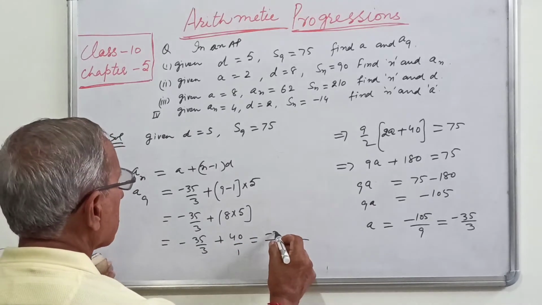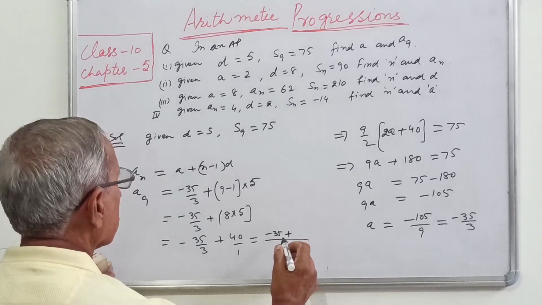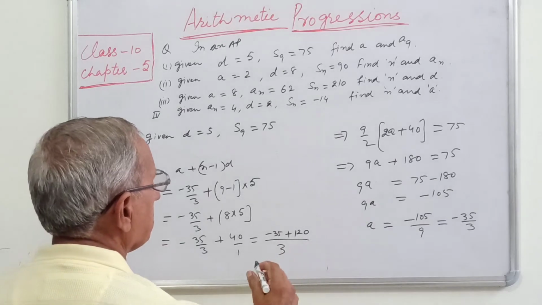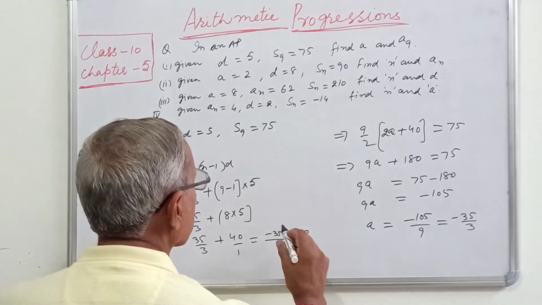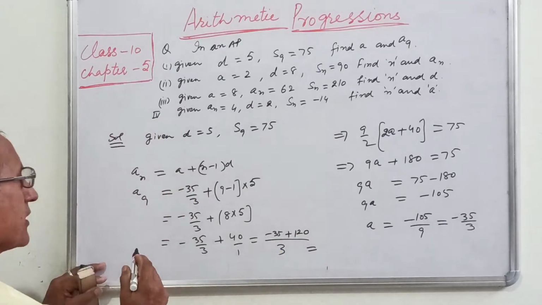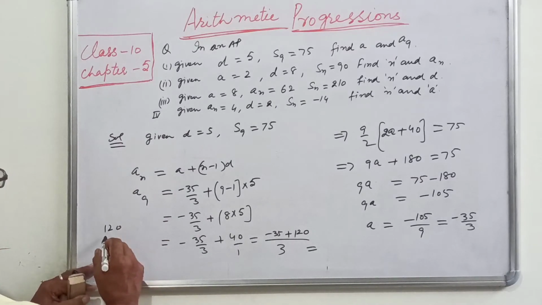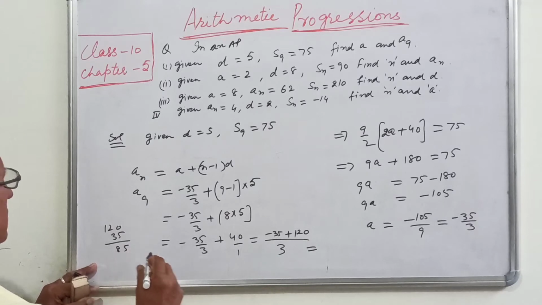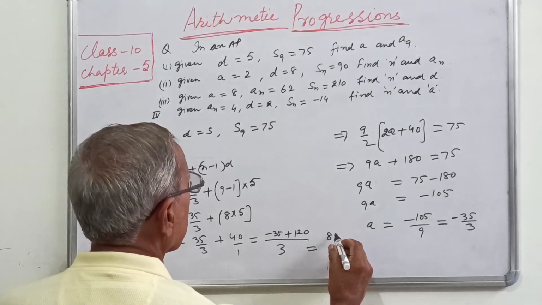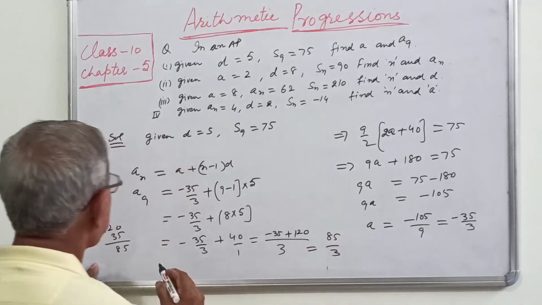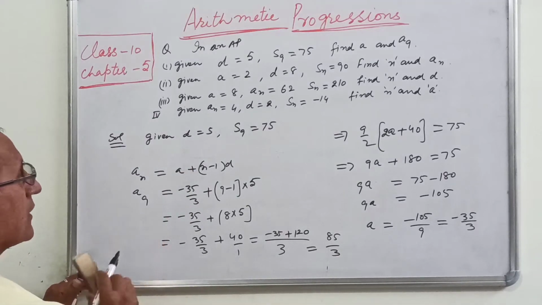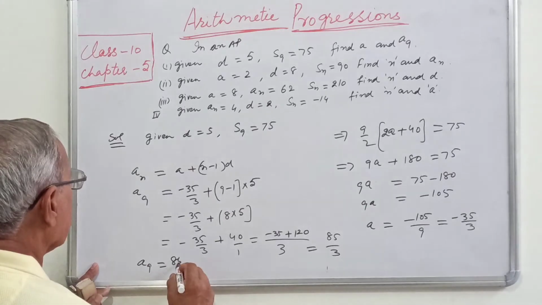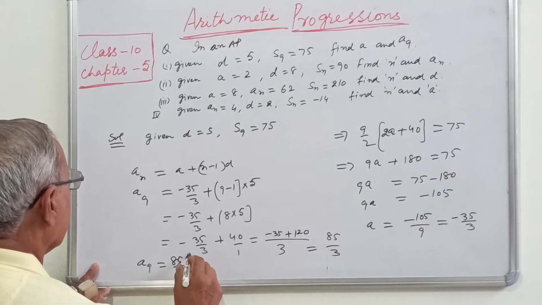So minus 35 plus 120. अब 120 से 35 को माइनस किया, 85. So 85 upon 3. The 9th term here, a9, is 85 upon 3.